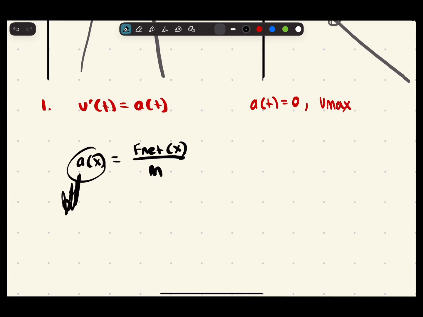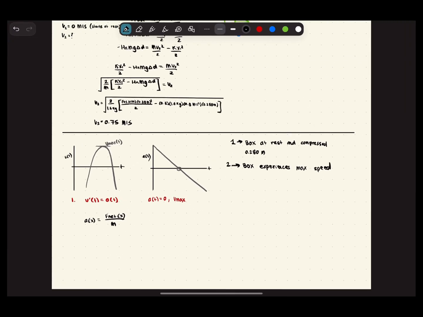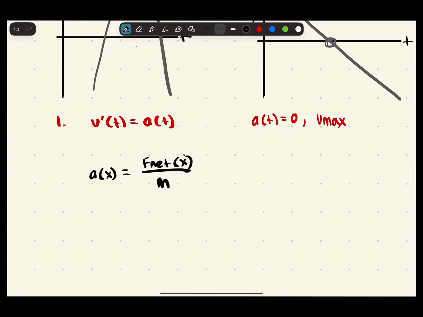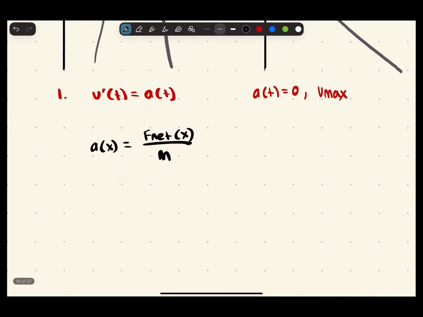Before we can solve for our max velocity, we're going to solve for the position x at which the max velocity occurs. So let's see here: a at x, which we set equal to 0, equals F net of x over m.